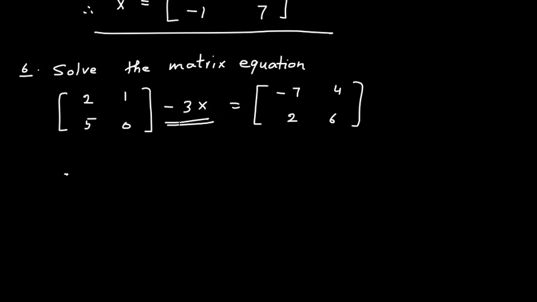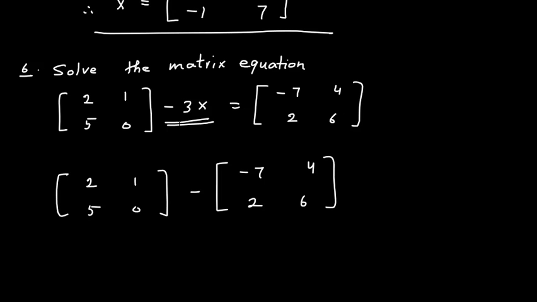So what we do, we bring this minus 3x on right hand side. So it is [2 1; 5 0]. When this right hand side will bring on left, this will become minus. Now here we have minus [7 4; 2 6], and this minus 3x will move on right and it will become plus 3x.